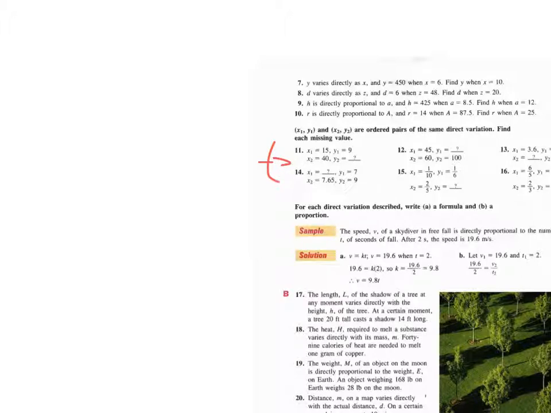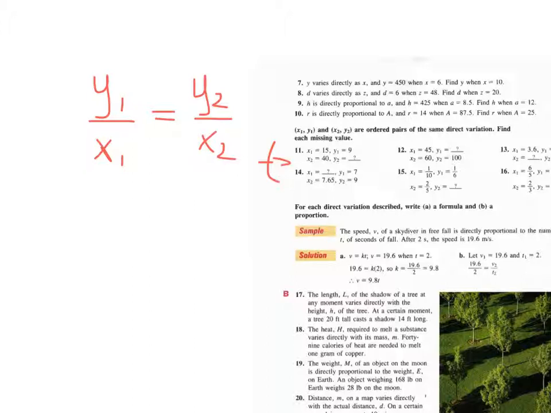So for number 11, you could set it up as 15 over 40. Actually, sorry, the two y's. So we're going to set it up this way. Let me do it the way they have it, sort of like slope. So we're going to set it up like the slope formula. We'll put the y's on top, the x's on the bottom, and then y2 over x2.